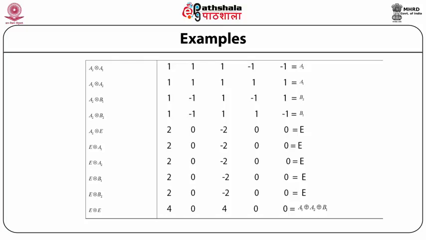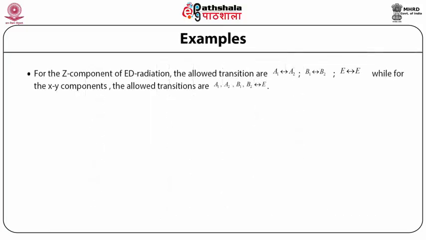So what does it tell us? It tells us that for the Z component of the electric dipole radiation, the Z component transforms as A2. The allowed transitions are then A1 to A2, B1 to B2, E to E, while for the XY components, the only allowed transitions are from A1, A2, B1, B2 to E.